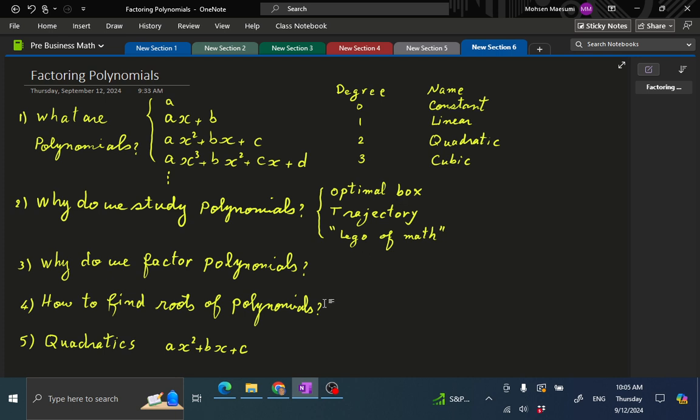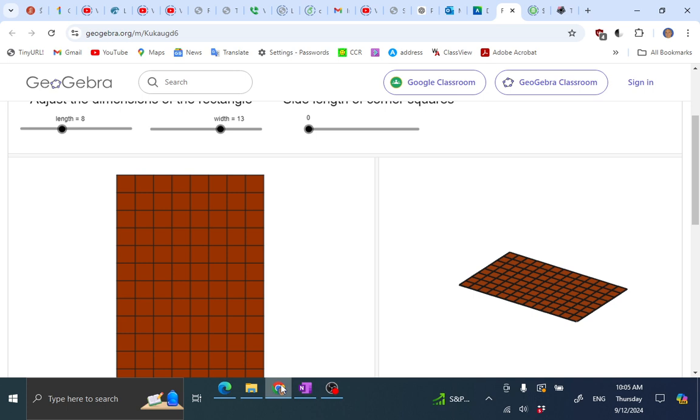Let's take a look at that. So we said we have a rectangular cardboard sheet, and then we cut some squares off of these corners.